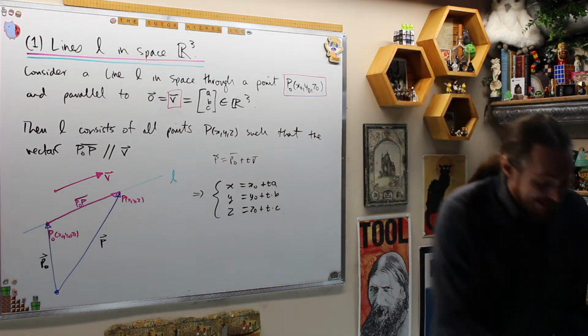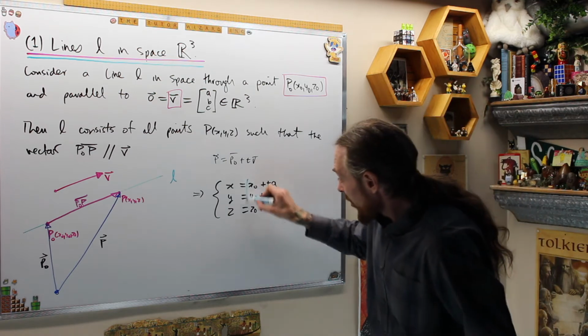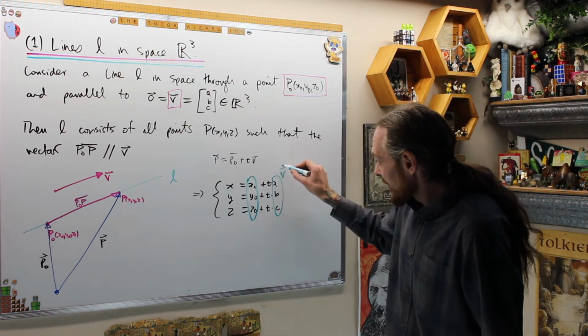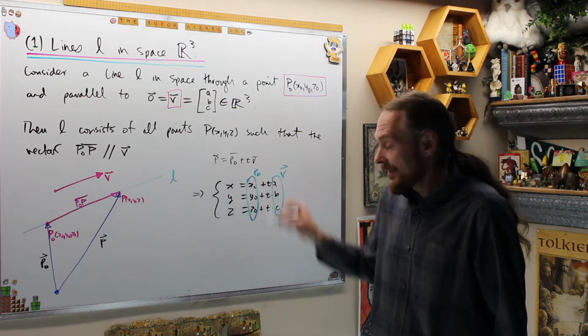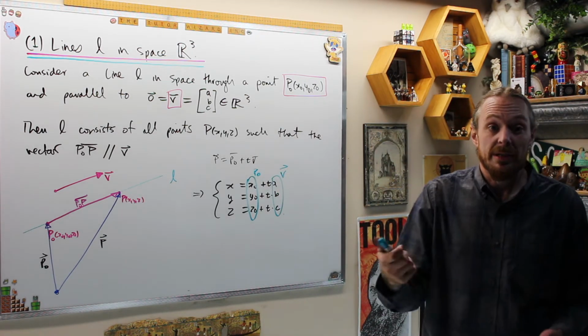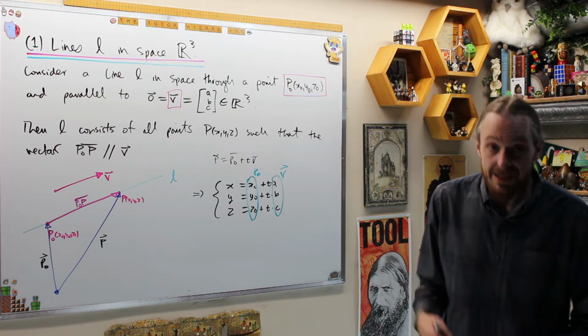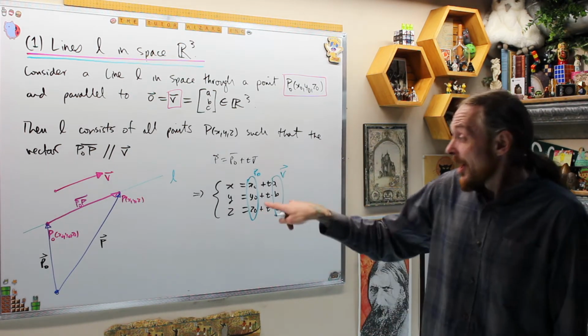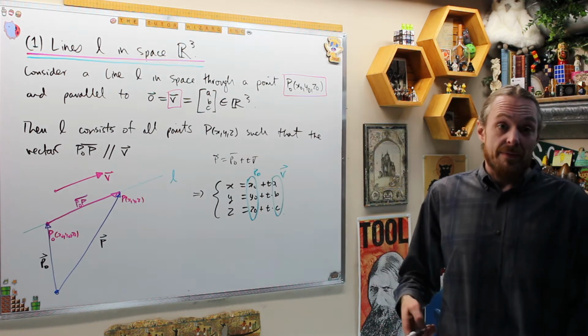And what that says is this is the line through the point p naught and in the direction of the vector v. This is where v is and this is where p naught is. And this is what you need every time to build the equation of a line. What do you need? Two things, a point and a vector in the direction of that line. There they are in the parametric avatar of that line.